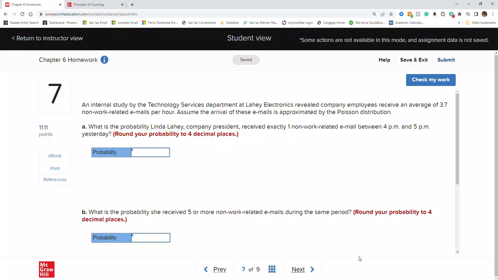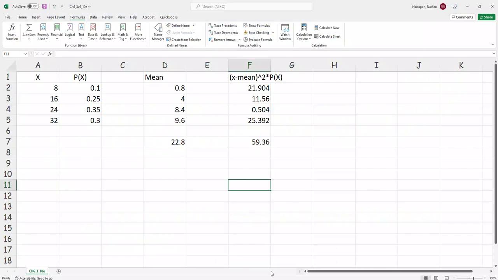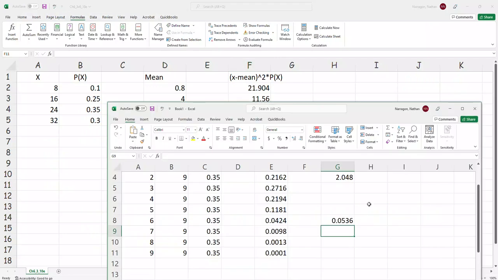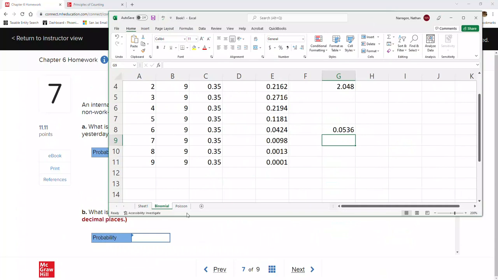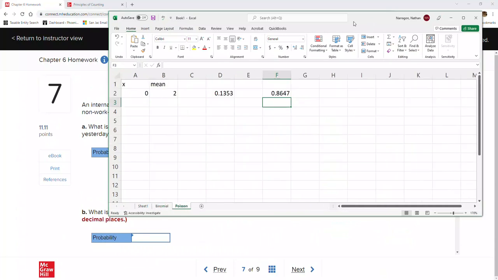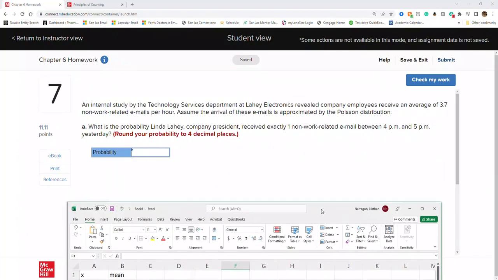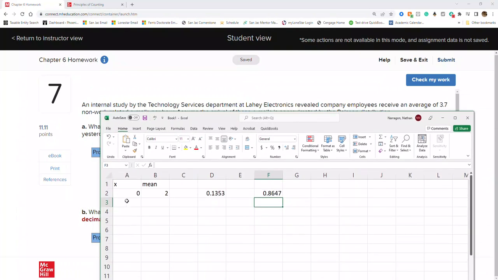Okay. Again, we're going to be using Excel, and we're using Poisson. This actually asks, x is 1, average is 3.7.